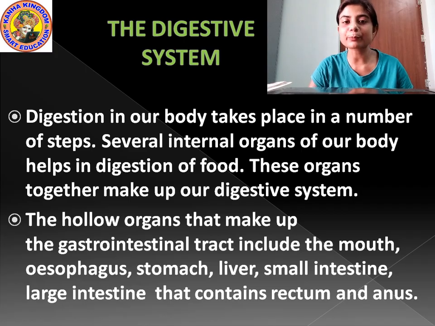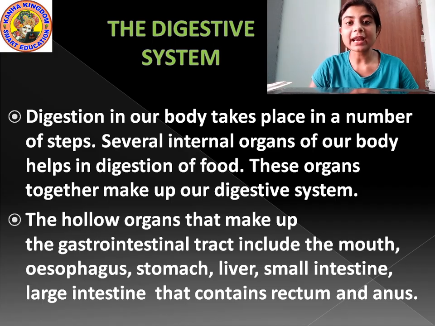It is written that the process of digestion first begins in our mouth. There are different steps for the process of digestion, but the first step begins in our mouth.